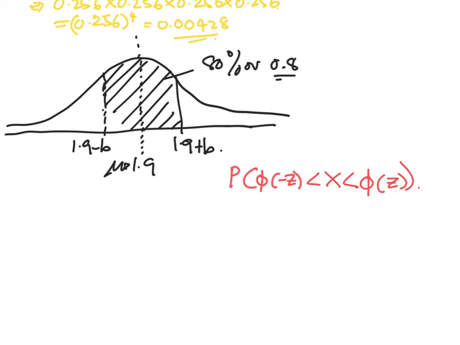We know the value towards the left of mu is negative, and towards the right of mu is all positive values. So this will cover the values between 1.9 minus b to positive 1.9 plus b.